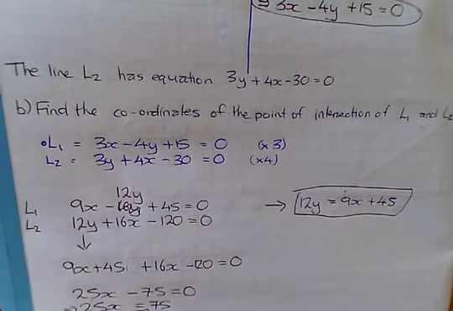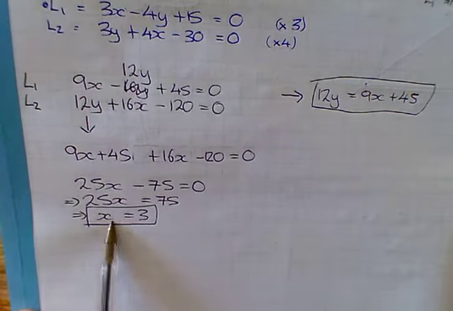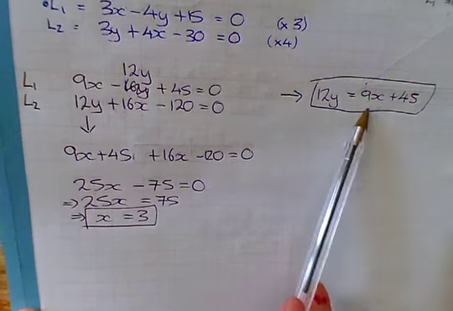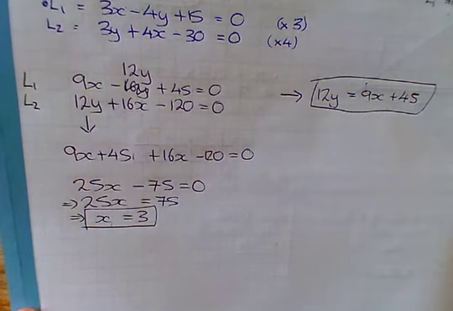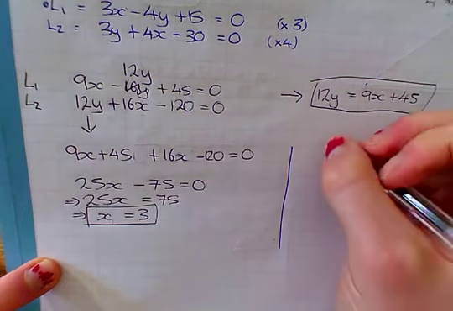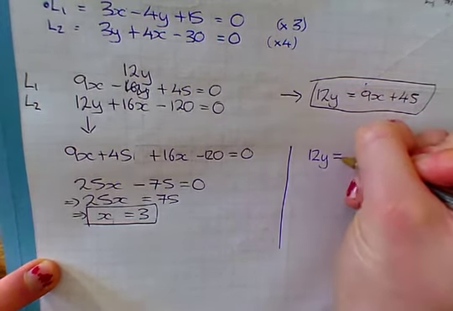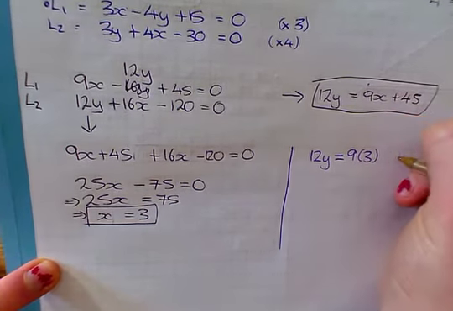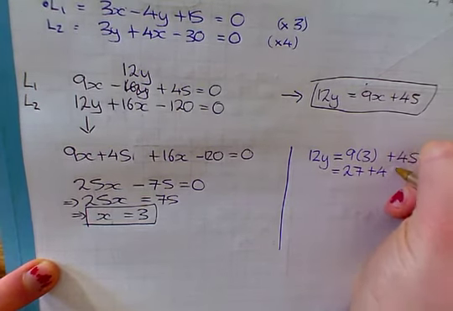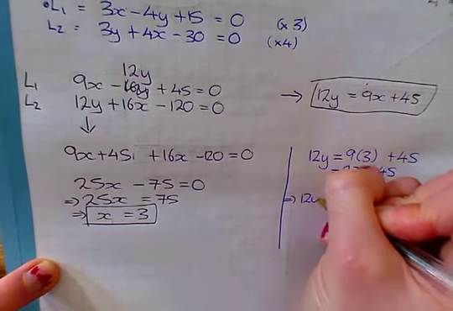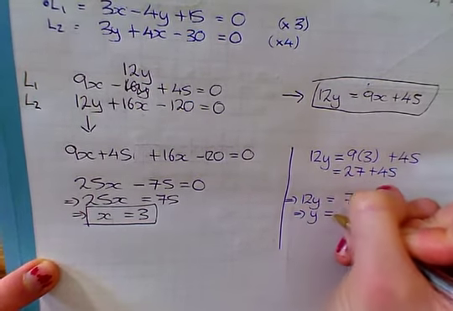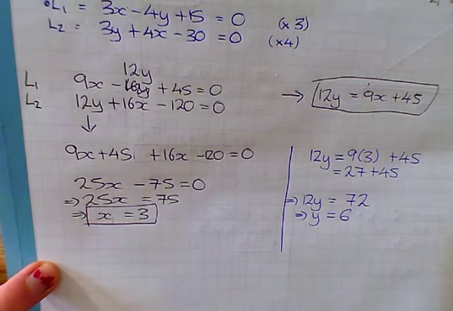Using this value, you can substitute into either L1 or L2, or this value here. It doesn't matter which. I'm going to substitute into 12y equals 9x plus 45. So therefore, I can say 12y is equal to 9 times 3 plus 45, which is 27 plus 45. So 12y is equal to 72, and by dividing both sides by 12, y is equal to 6.